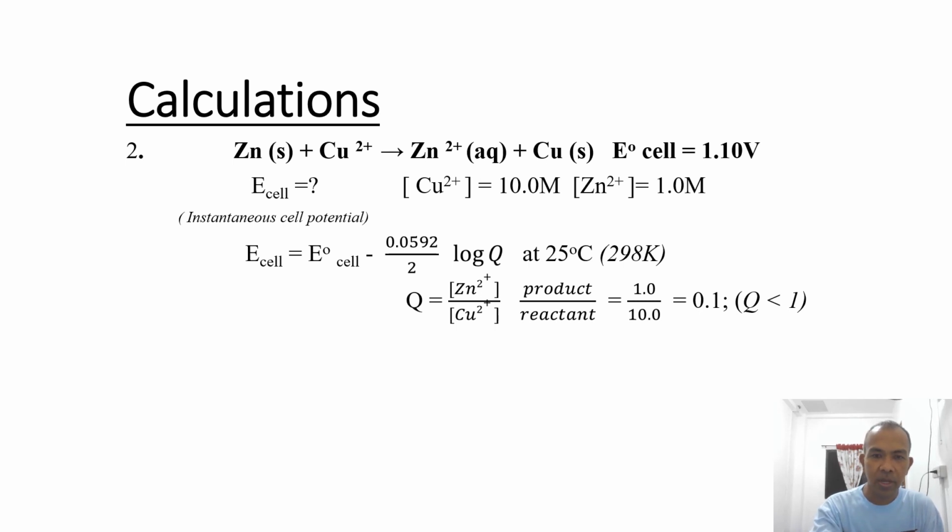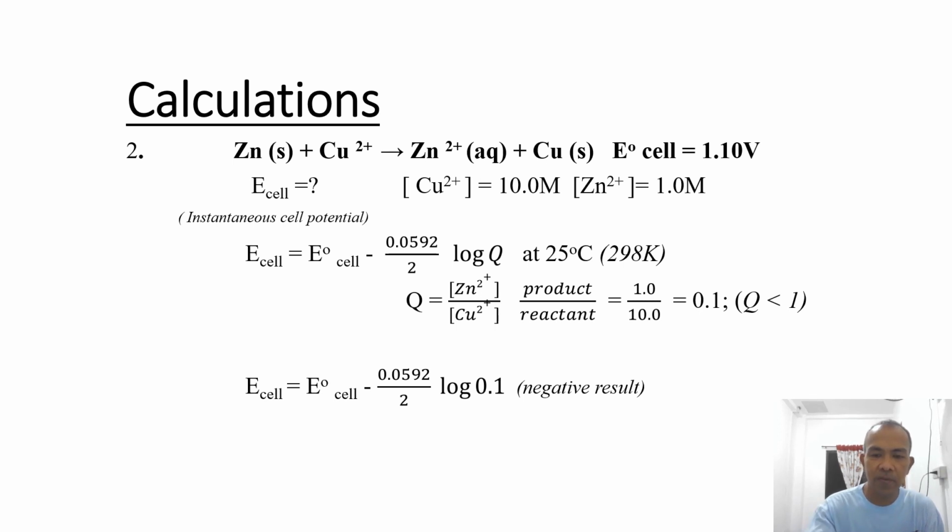Applying the Nernst equation, we will have a negative result for the logarithm if the value is less than 1. So the logarithm of 0.1 gives a negative result. Here we will add it to the value of 1.10 volts.